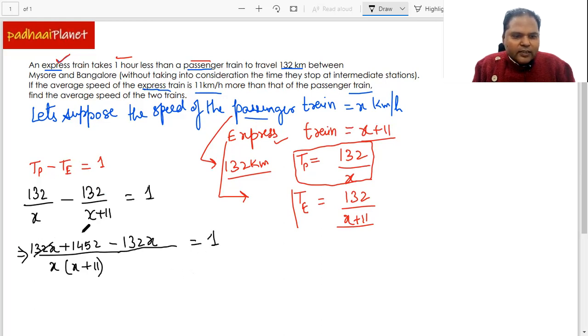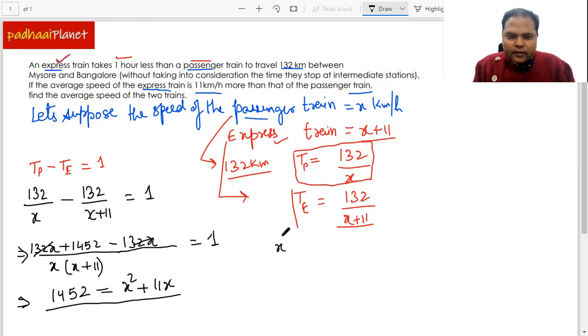The 132x cancels with 132x, very simple, and then we have 1452 equals x square plus 11x. Now we can rewrite this whole expression as x square plus 11x minus 1452 equals 0.